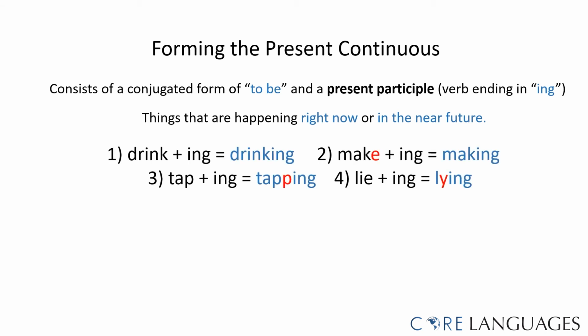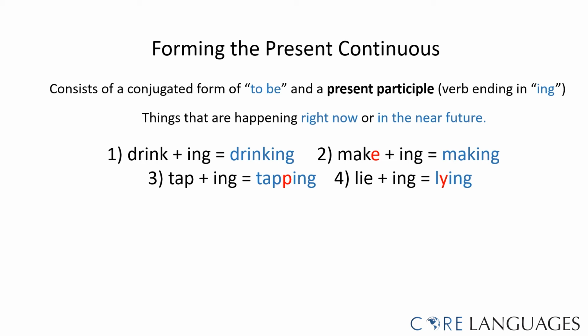To form the present continuous, there are 4 different ways. We can add ing to the base form of a verb, for example, drink, and ing is drinking. If the verb ends on the letter E, we remove the E and add ing, such as make, ing, making.